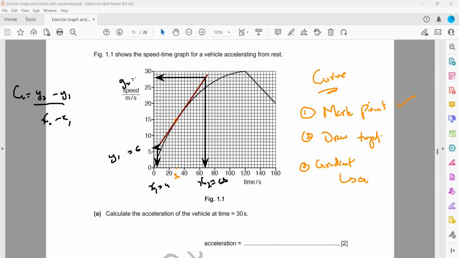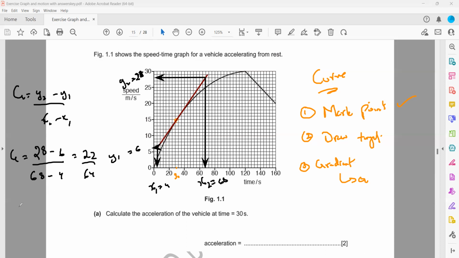So y2 is equal to 28. Now use the formula to find the gradient of the tangent. So it is y2, 28, minus y1, 6, over x2, 68, minus x1, 4. When we simplify, 28 minus 6 is 22, and 68 minus 4 is 64.